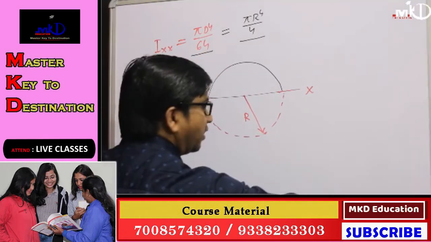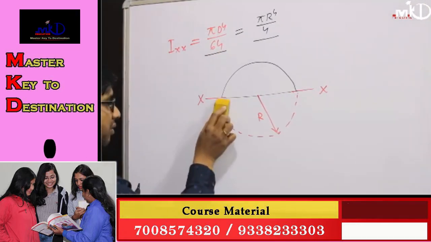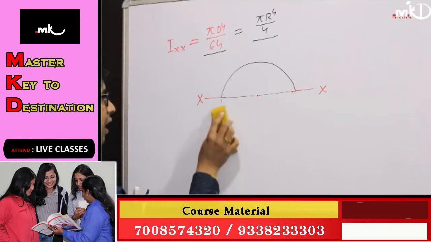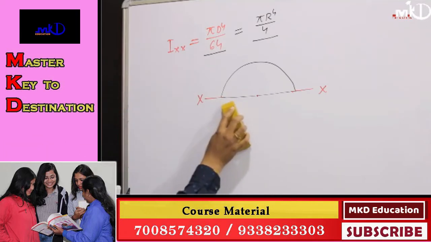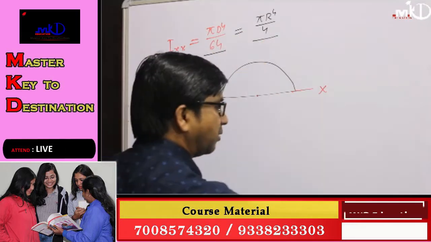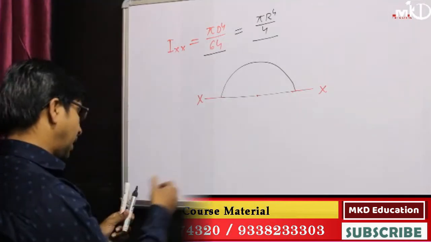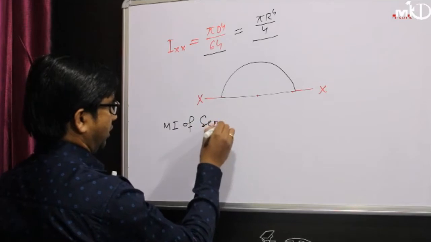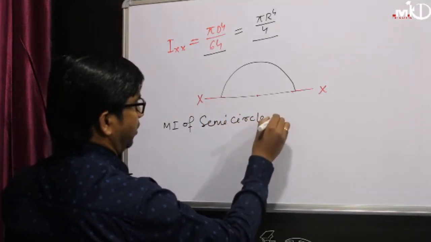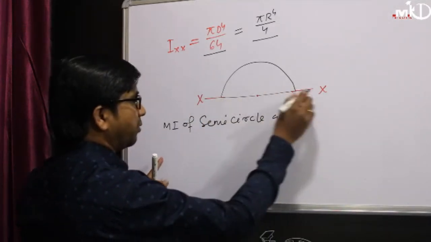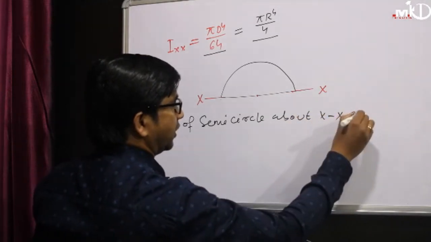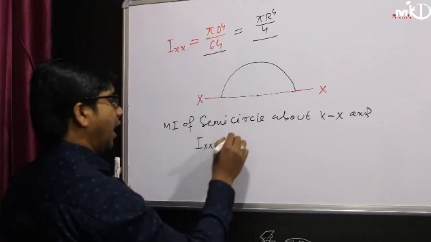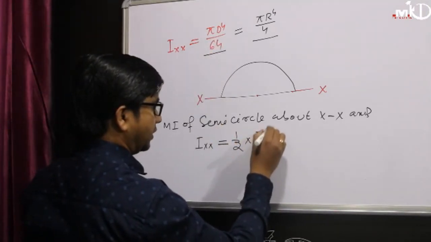Now we want to find the MI of the semicircle about the base. So now I am erasing, you see. Now it becomes exactly half of the circle, yes or no? And the MI about the x axis for the circle is this. So what is the MI for the semicircle about the same axis? Exactly half. So the MI of the semicircle about the x axis, that is, the semicircular base, is I XX equal to half into pi d fourth by 64.